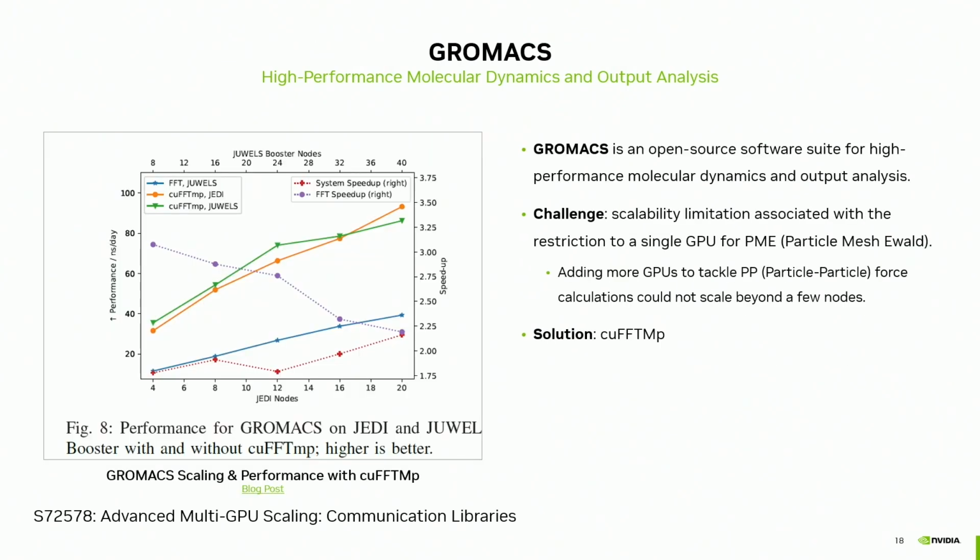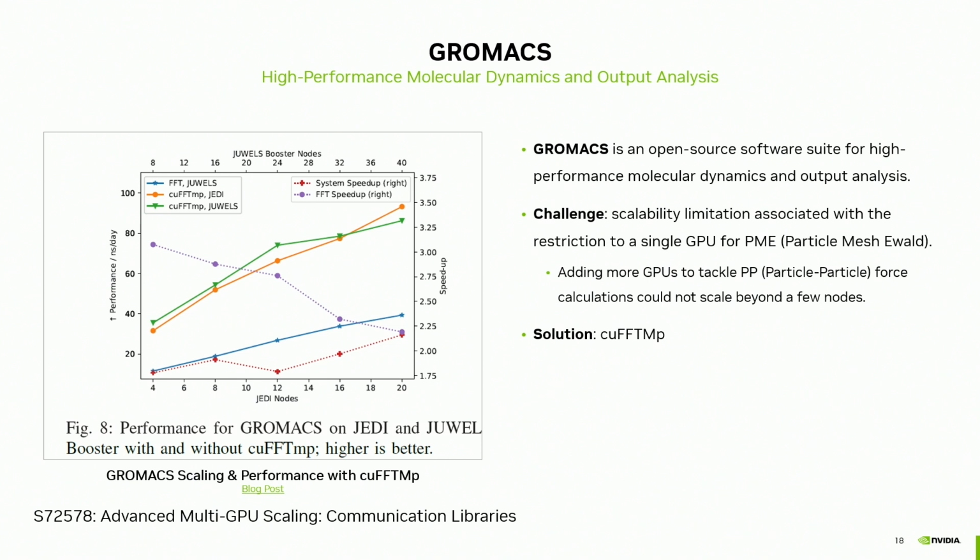Now, a great example of an application that is utilizing just one out of our 3 multi-GPU, multi-node libraries within the NVIDIA HPC SDK is GROMACS. GROMACS is a scientific software package that is widely used for simulating biomolecular systems and plays a crucial role in comprehending important biological processes, which are important for disease prevention and treatment.